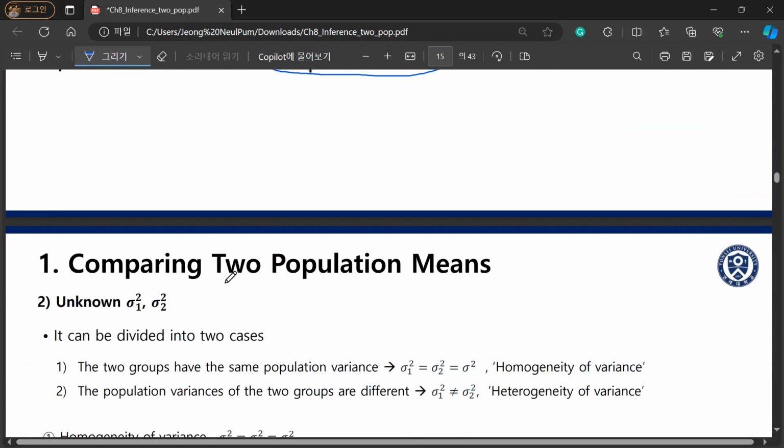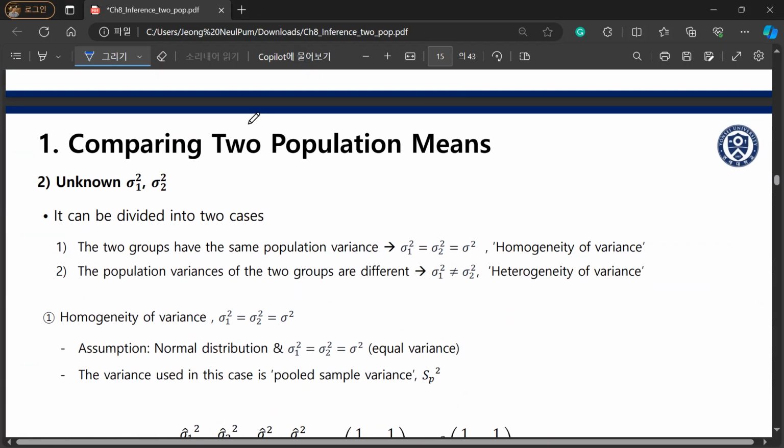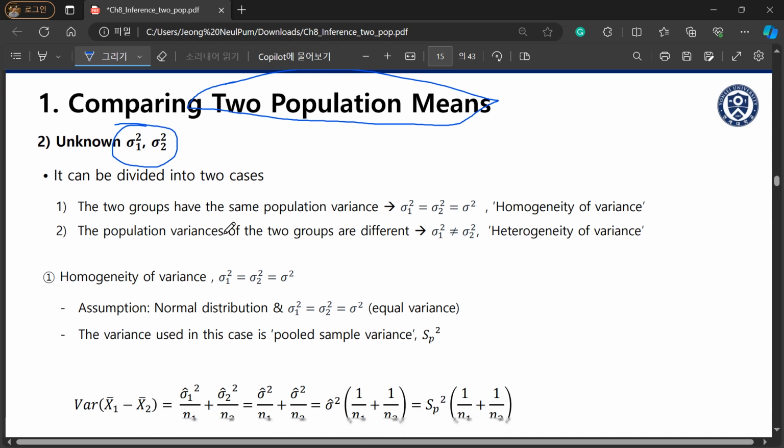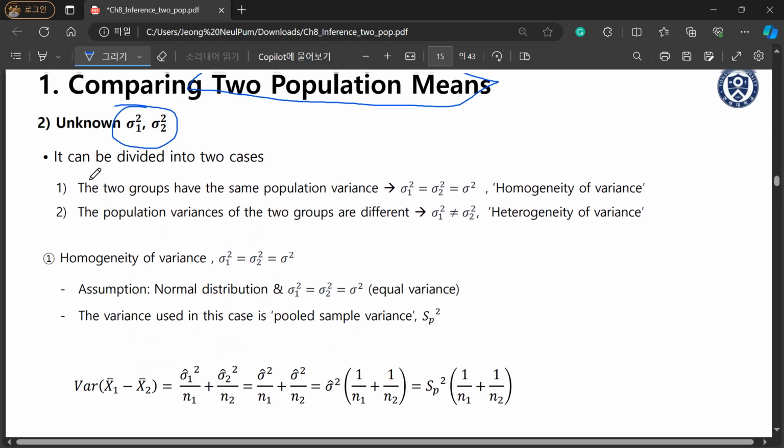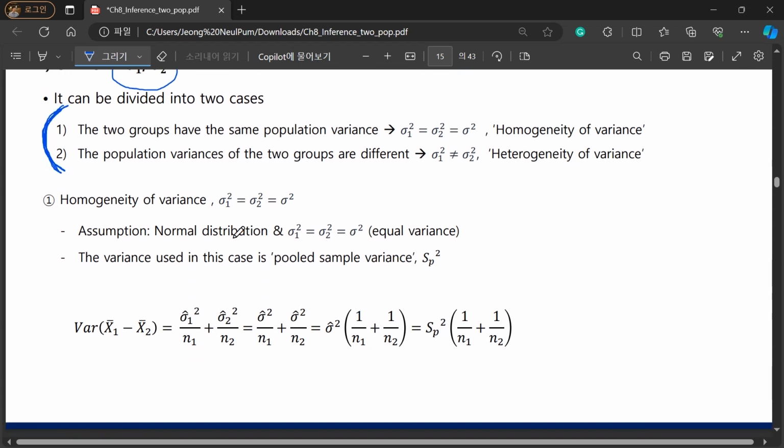And the next situation is that it is still a comparison of two population means, but in this situation we don't know the population variances from each population. So actually there are also two cases even in this one situation. So you also have to classify each situation and follow each process based on the information.